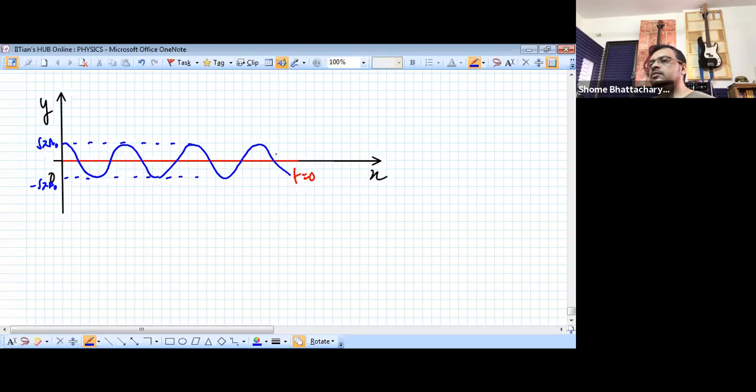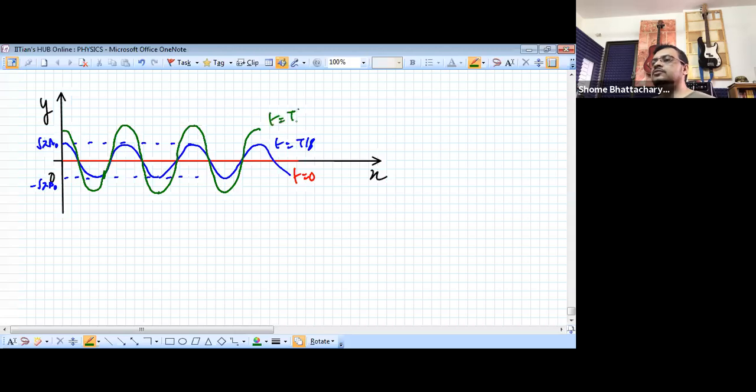This is at t equal to T by 8. Then by the time you are reaching T by 4, it's further becoming something like this.